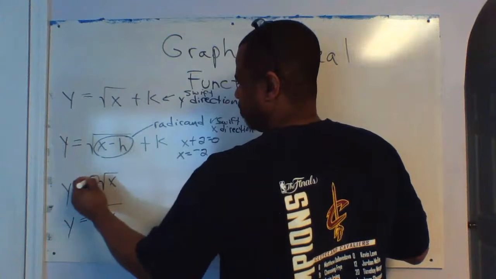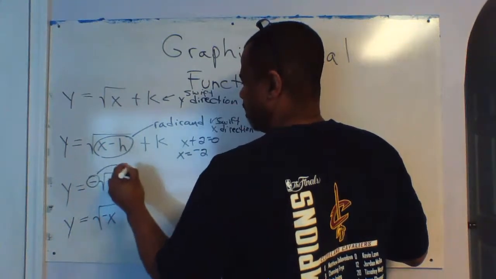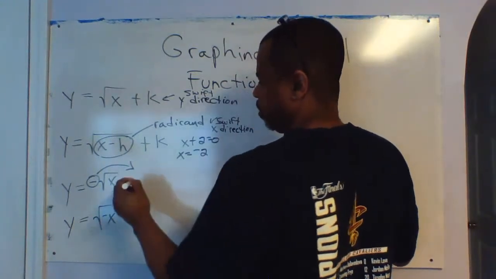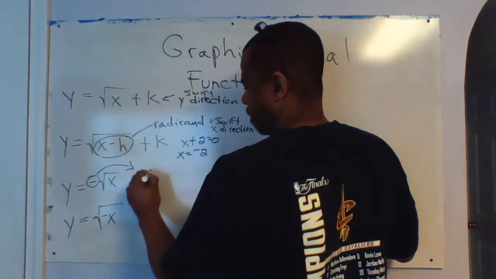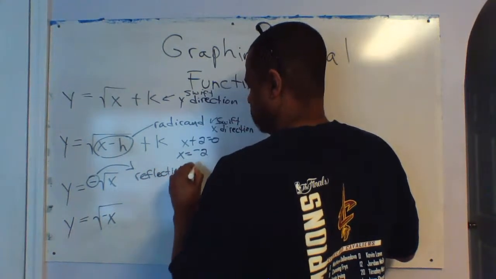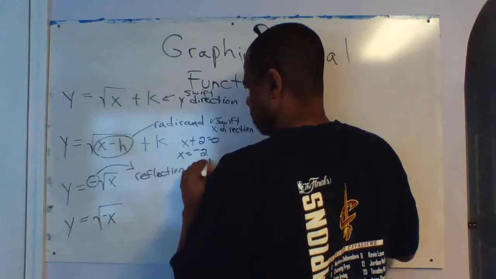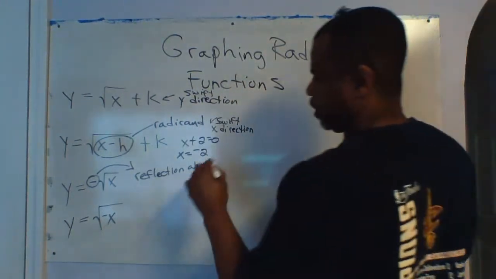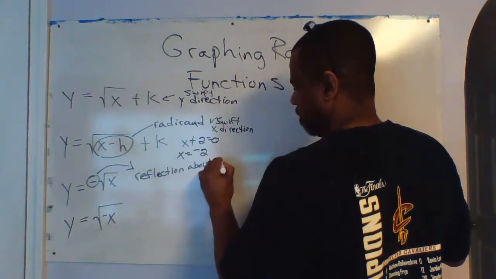All right. So if you have a negative outside the radical, it's going to be a reflection about the x-axis.